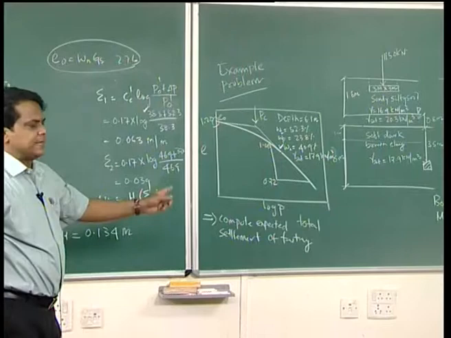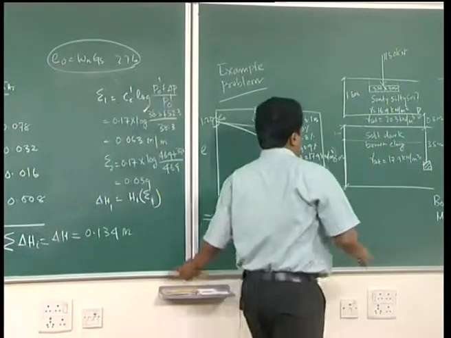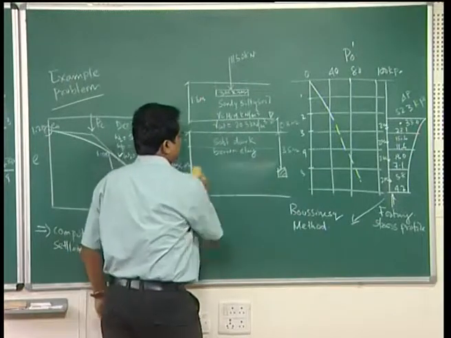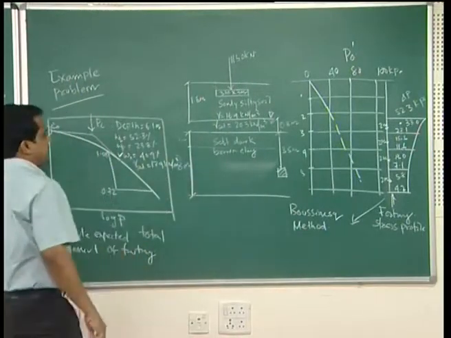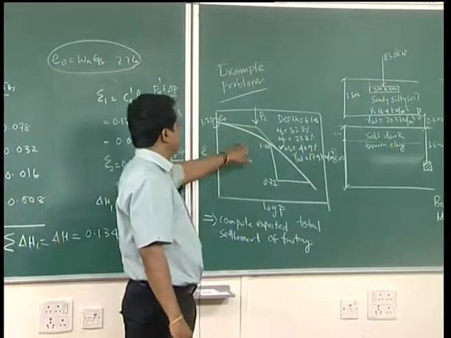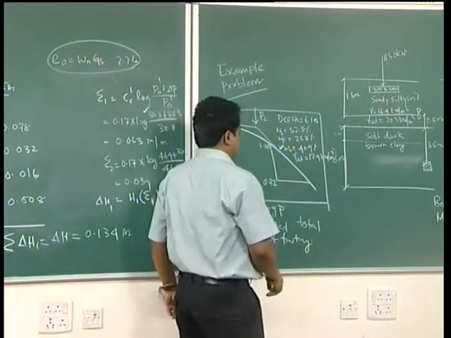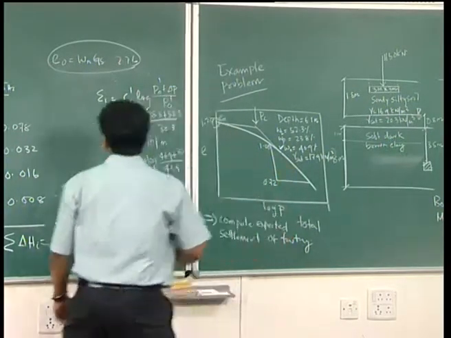Once you get the Gs from here, your next step is, initially gamma saturated was not given. So, with this value e0, Gs, you have to calculate your gamma saturated. So, what is your gamma saturated?